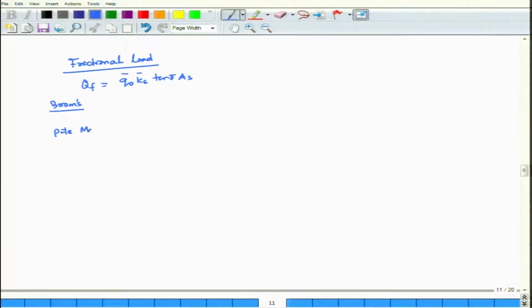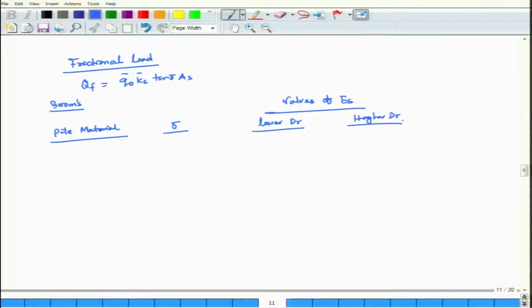This is my pile material, delta is the friction between pile material and soil, and values of Ks, for lower Dr and higher Dr, then steel, then concrete, last one is wood.